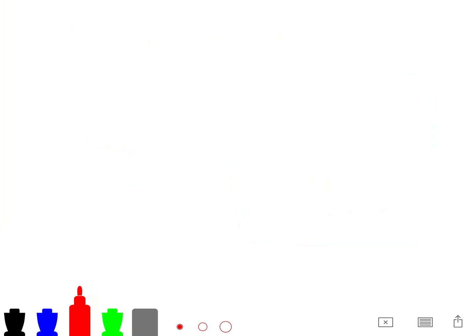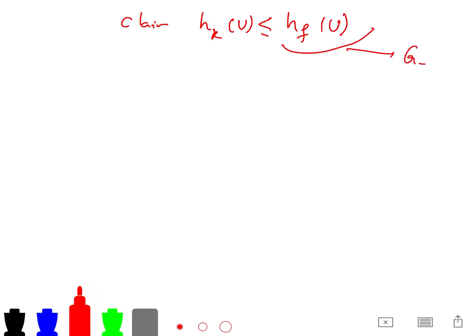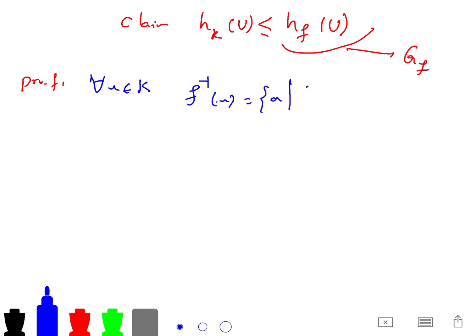And the claim is that h K of U is less than or equal to h f of U. This is a cut function of G of f, the simplified graph. The proof is very simple. Let U be a set of terminals, and let f inverse of u be all of A such that f of A is u.